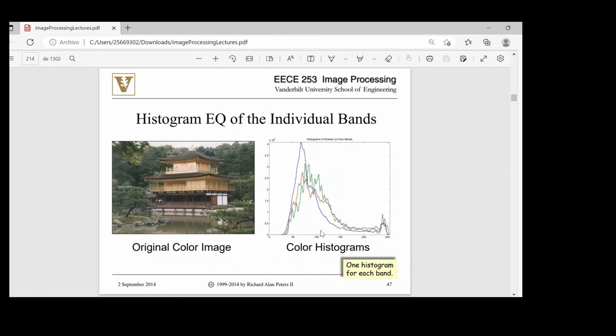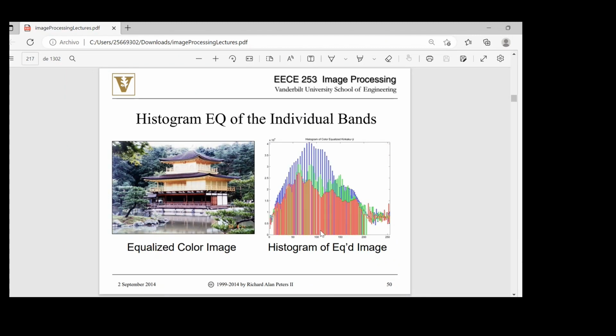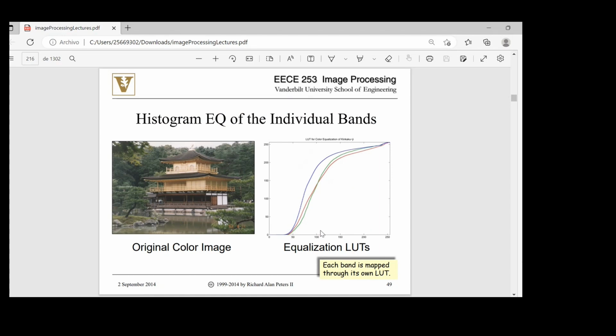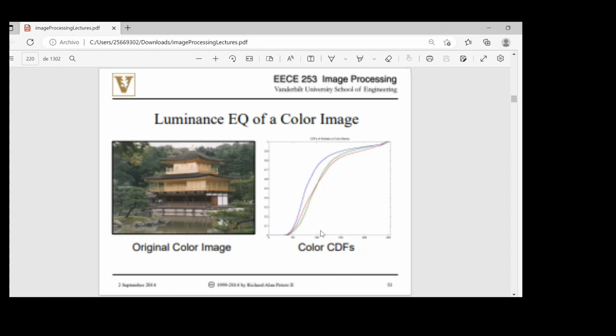For instance, I can compute the color histograms, I can compute the CDFs of the colors, and then I can apply to each one of the colors, but I can also apply the luminance CDF to all the color bands.